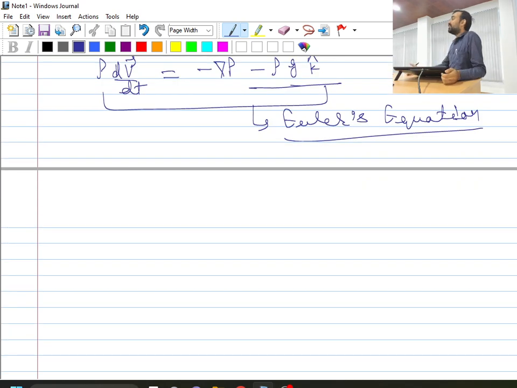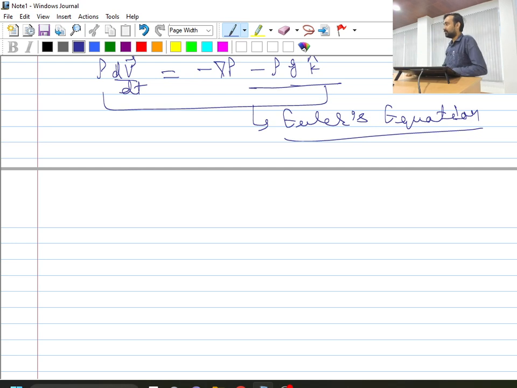Whenever we have to solve these equations, of course, these will require some sort of initial and boundary conditions. Recall, when you solve an ordinary differential equation, what do you have to supply? You have to supply some value, that at x equal to 0, y is equal to this, at x equal to l, y equal to something, or at t equal to 0, y equal to this.